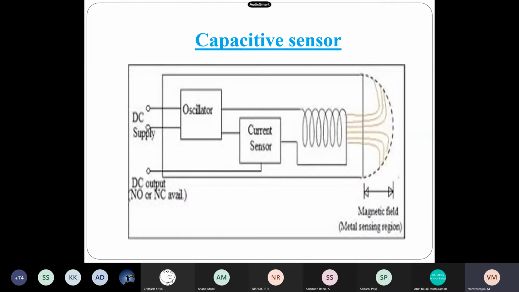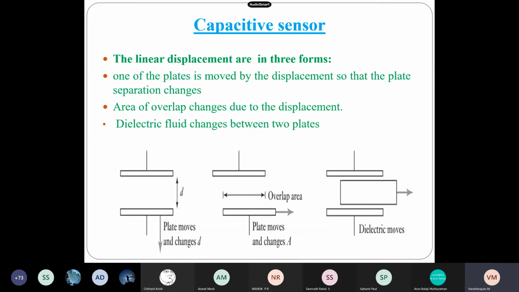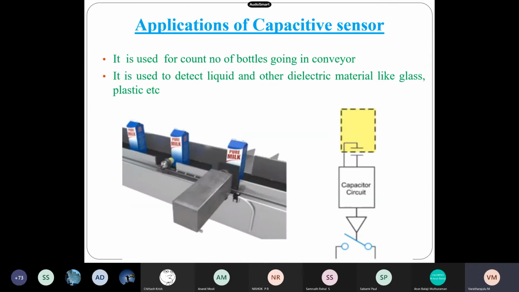And see, we have the oscillator and sensor, the magnetic field which is the metal sensing region, and DC output, and the linear displacement in three different forms. One of the plates is moved by the displacement so that the plate separation changes, the area of overlap changes due to the displacement, and the dielectric fluid changes between two plates.